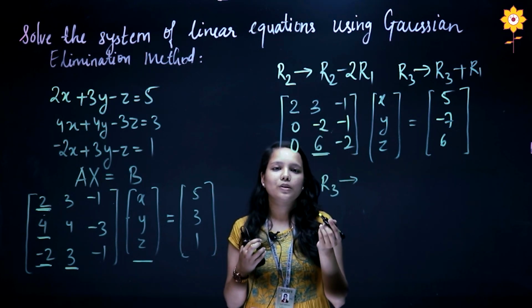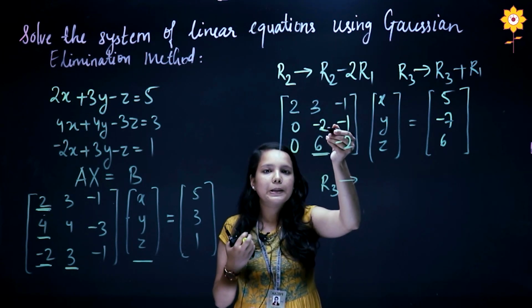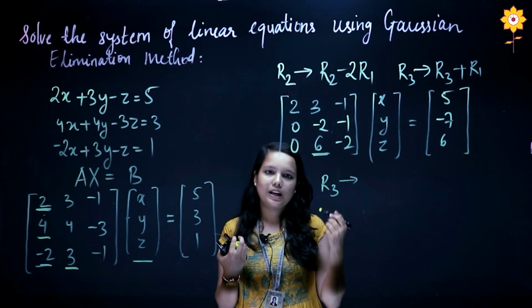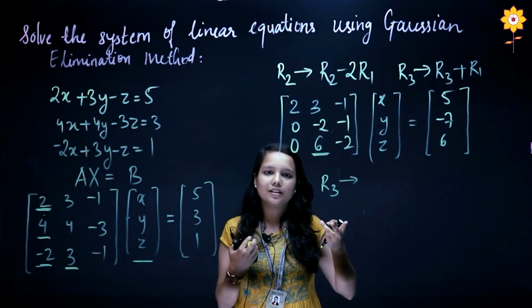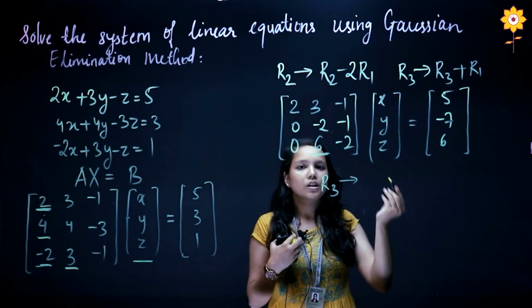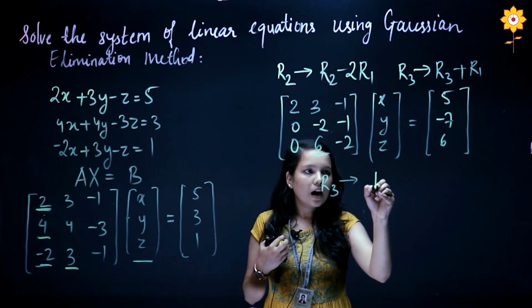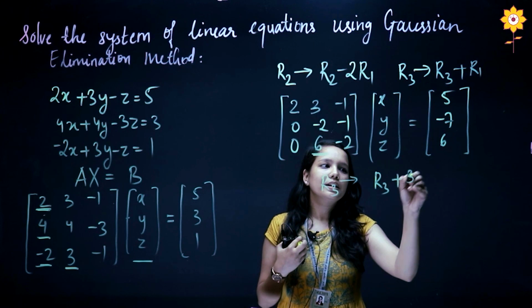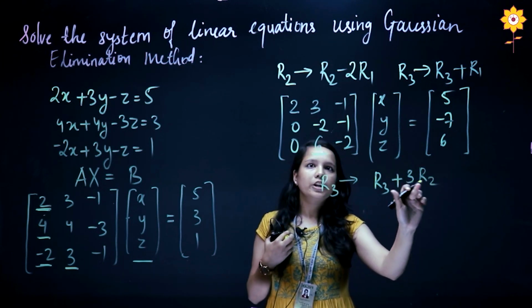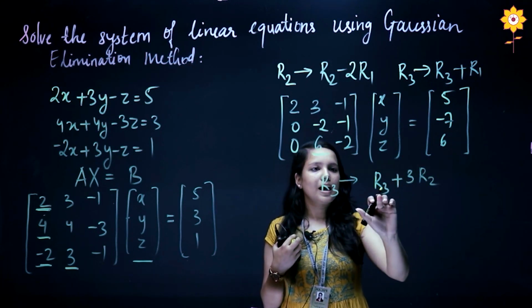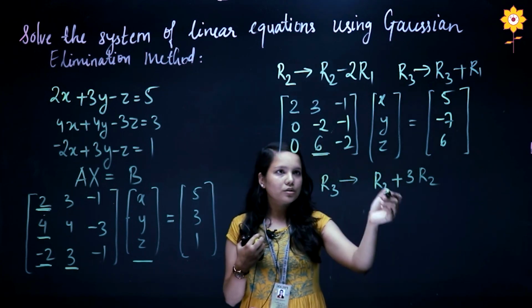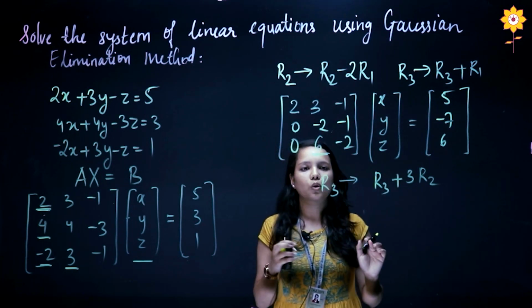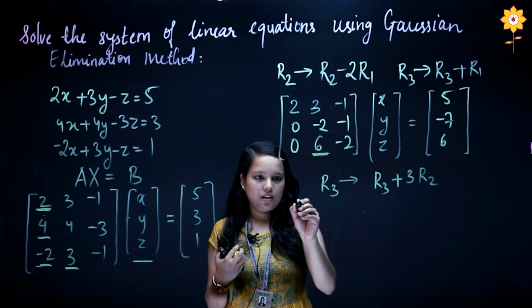We just have to multiply minus 2 with 3, so I'll get minus 6, and after adding these 2 terms, I'll get 0. So R3 will change to R3 plus 3 times R2. 3 into minus 2 will be minus 6 and this 6 will become 0. This is the only change required for the next matrix.